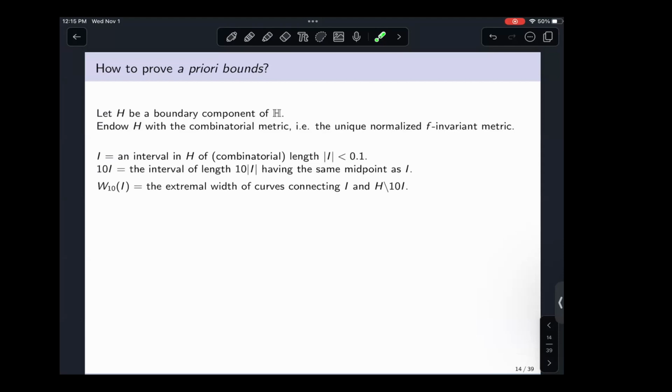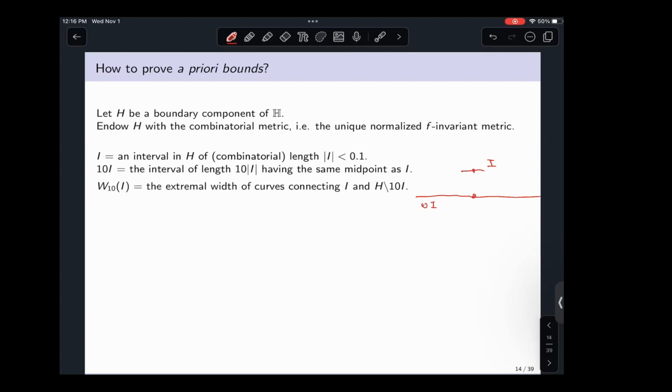Suppose maybe it's 0.01. And then if I select such an interval, I'm going to denote by 10I the interval where the length is now 10 times the original, and the midpoint is still the same. So if I have this as I, then 10I would look something like, way longer, but it has the same combinatorial midpoint.